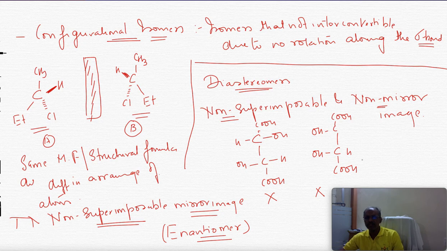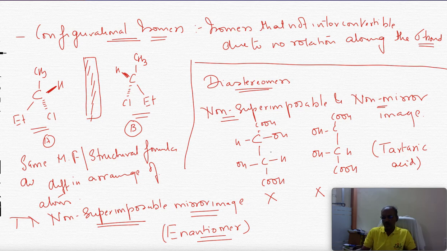This is known as tartaric acid. So it is non-superimposable, non-mirror image. So you have understood enantiomers, you have understood diastereomers. Fine. Now, another part is geometrical isomerism.